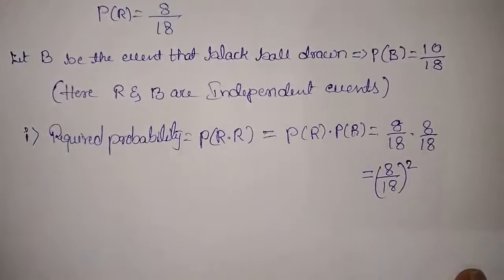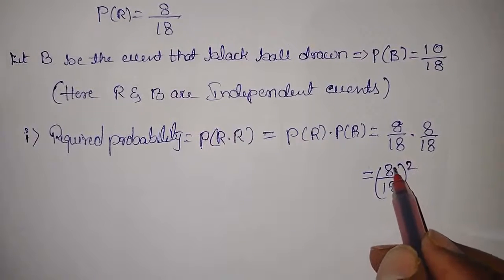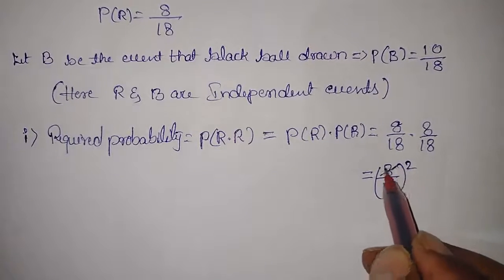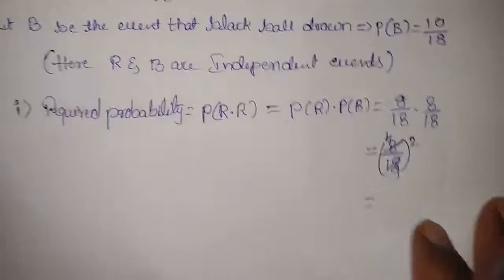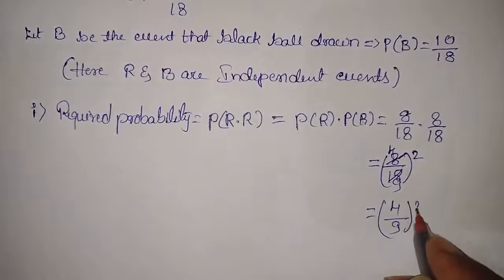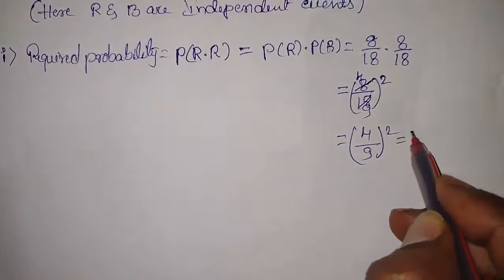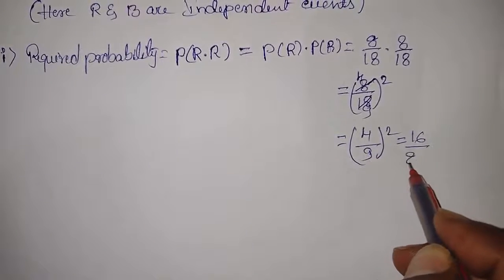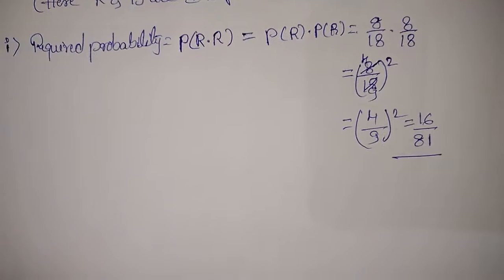Dividing by 2, we get 4 by 9 whole square. 4 fours are 16, 9 nines are 81, so the answer is 16 by 81.